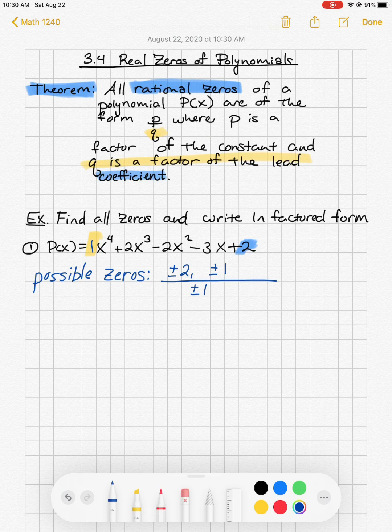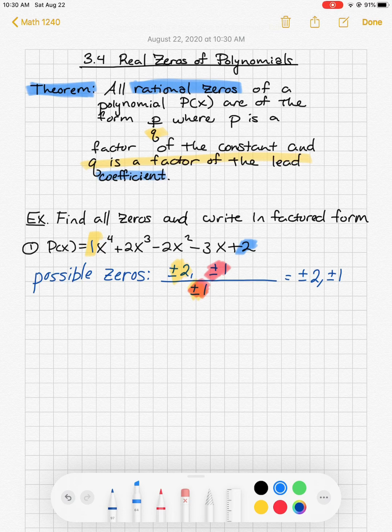So my only possible zeros for this polynomial are either positive or negative 2 over positive or negative 1, which would just be positive or negative 2, or positive or negative 1 over positive or negative 1, which would be positive or negative 1.